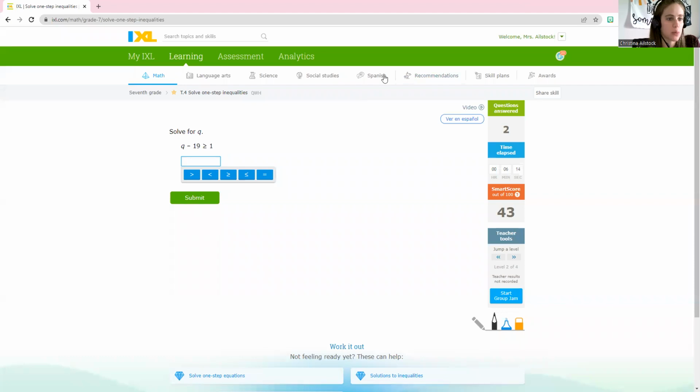Here's our next problem. We are solving for Q. So Q minus 19 is greater than or equal to 1. If it helps, you can draw that line straight through your inequality sign to separate your two sides. And then we need to focus on the variable because we're trying to find out what Q is. We're trying to get Q by itself. Currently, we have Q minus 19. So to get rid of that minus 19, we do the opposite.